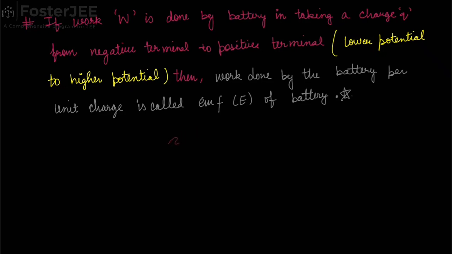From electrostatics, we have seen that E, that is EMF, is defined as the work done in taking unit charge. Why? Because from electrostatics we have seen that the potential, or the change in potential, is given by the work done in taking unit charge.